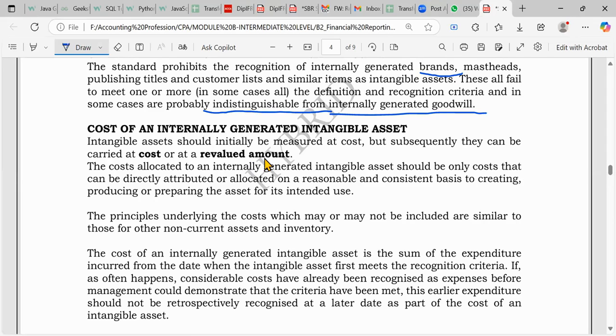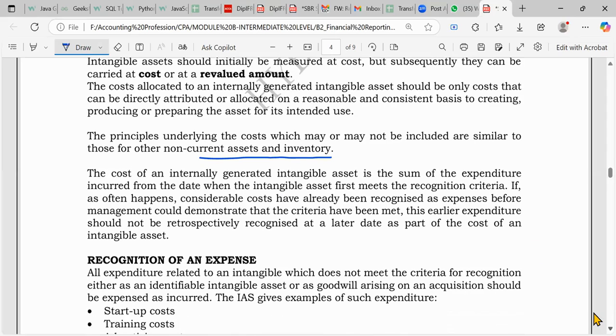That's just how it should go. And the principles underlying what costs may or may not be included are similar to those under non-current assets and inventory. That's why you see it's just the same. Simply speaking, when it comes to the cost, you shouldn't have anything to worry about.